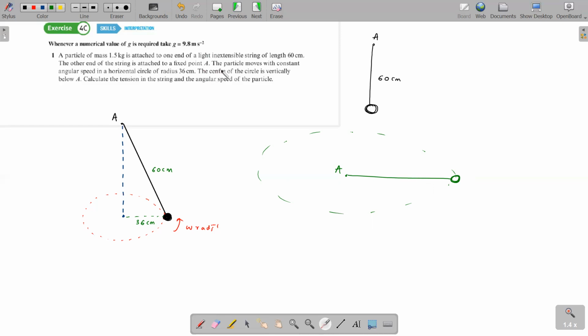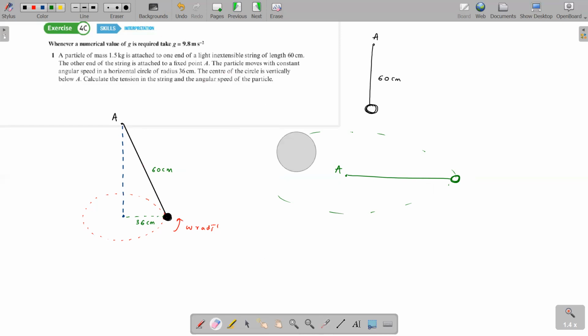But they say very clearly the particle moves in a circular motion with radius 36. So the radius is not the full length of the string. It's a different circle. And they say the center of the circle is vertically below A. That's why we need to draw a refined diagram like this. The diagrams are now slightly different from what we did in the previous exercise.